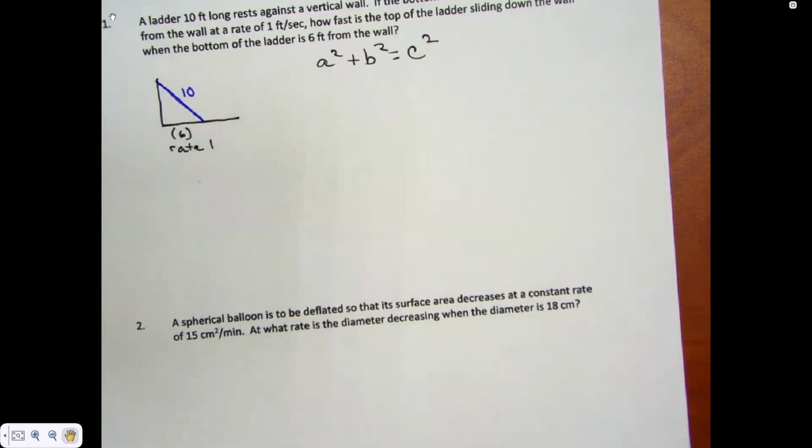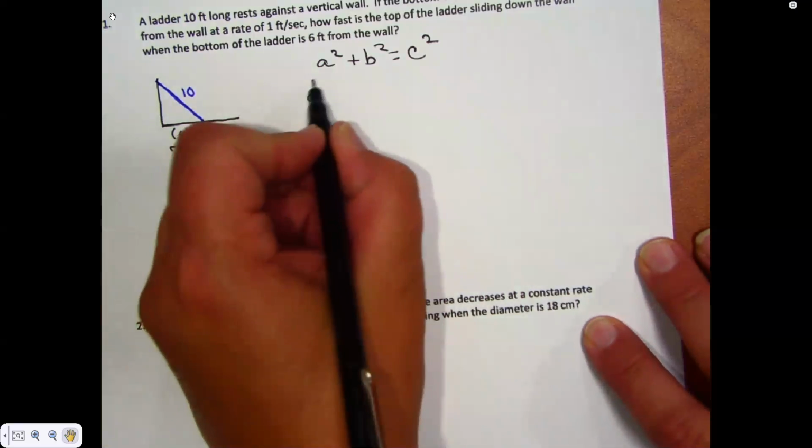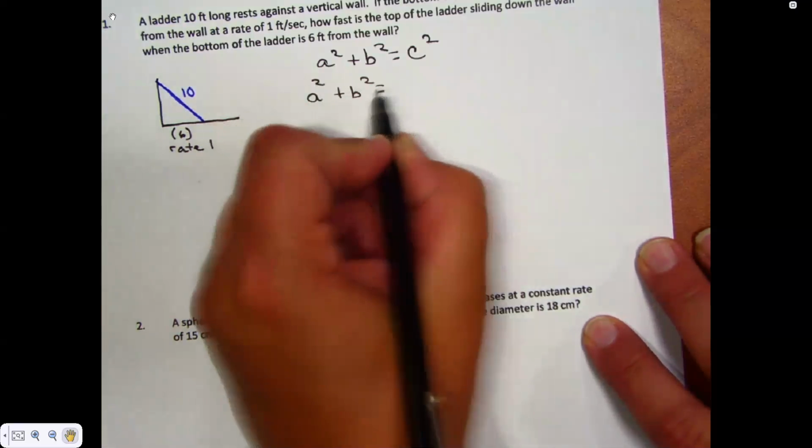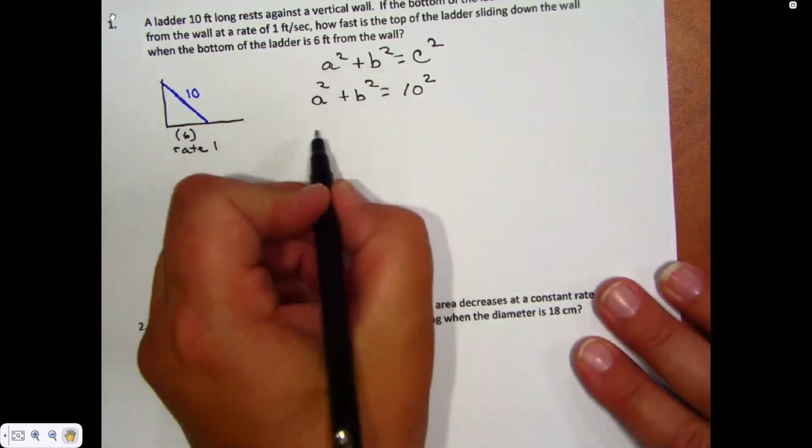And what's the piece of information that we can plug in right away? We can plug in the 10 because that's never changing, and that's the hypotenuse. So we're going to do a squared plus b squared equals 10 squared. Right, and then 10 squared is 100.